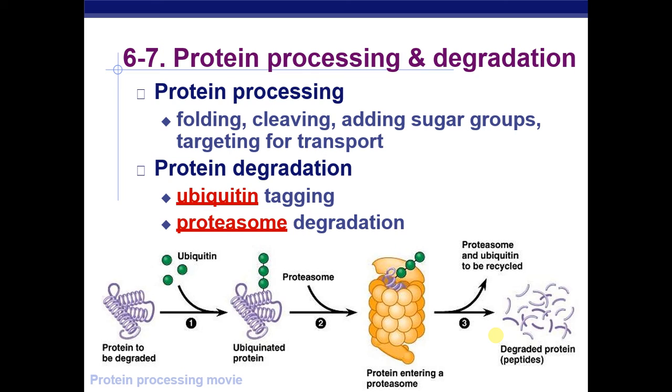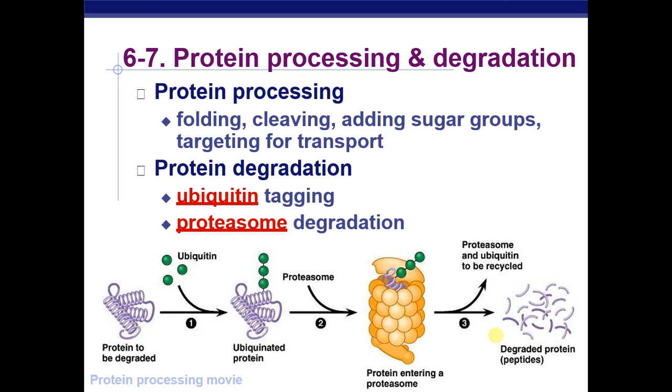And then last, 6 and 7, protein processing and degradation. So even when we have a finished protein, it needs to be folded correctly and cleaved. It needs to add some other functional groups to target it for transport to the correct area.